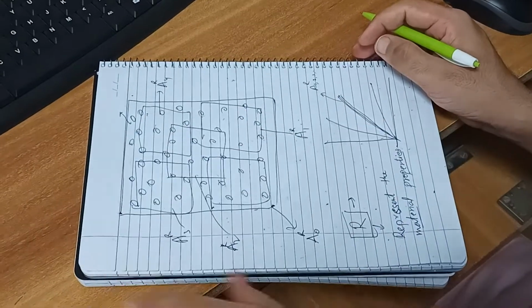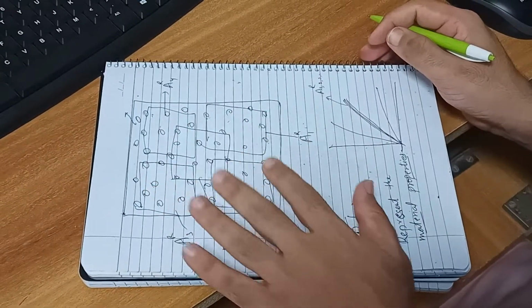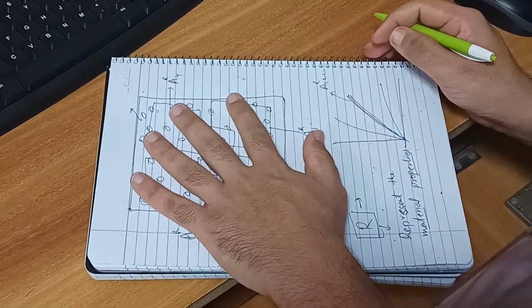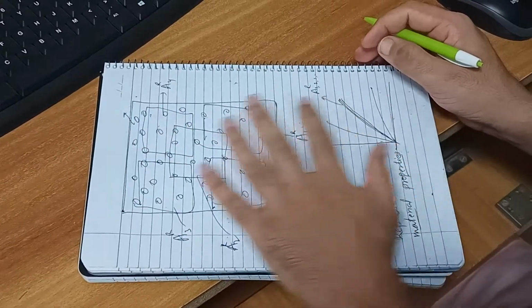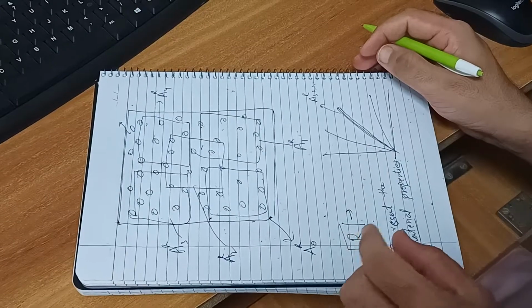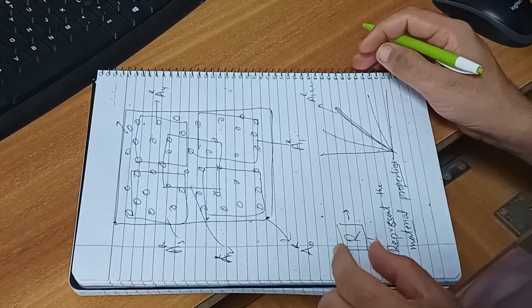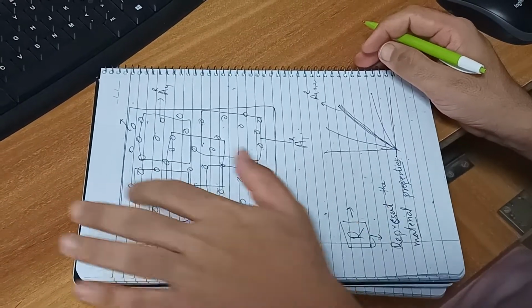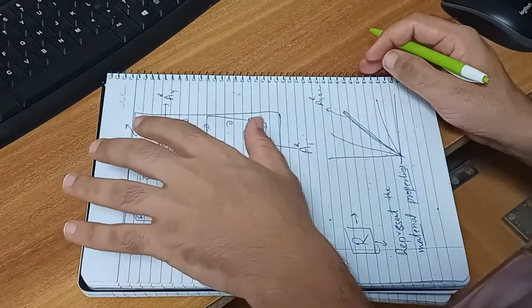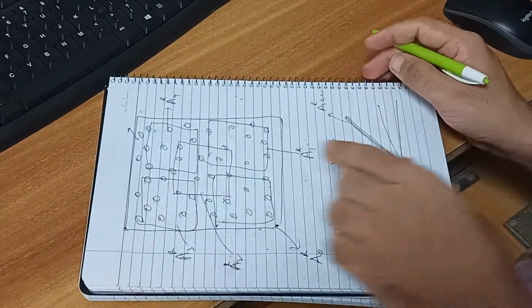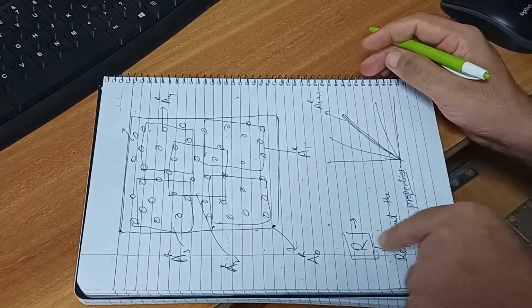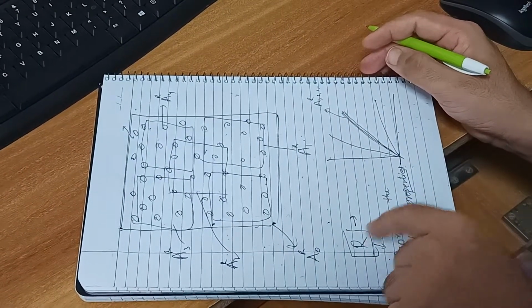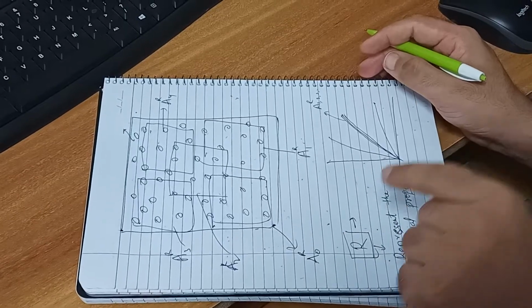And this whole exercise we have done because this material is heterogeneous. So in the case of a heterogeneous material, you take the size so that if you place that size at any location, and you get the same properties of the material itself, then you call that volume or that area representative of the whole material.